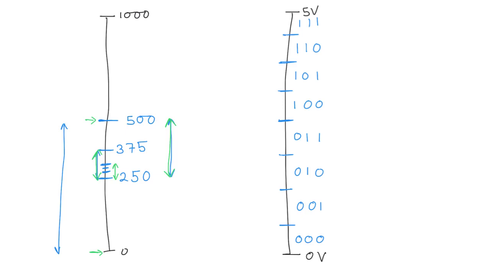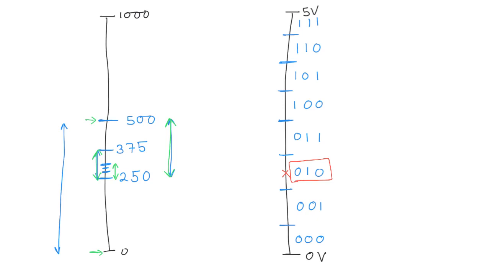If we have an analog input, we want to find out where on this diagram the analog value lies. So let's say the analog value lies somewhere here. Then we want to denote that analog value by this digital number. That's the process of analog to digital conversion.